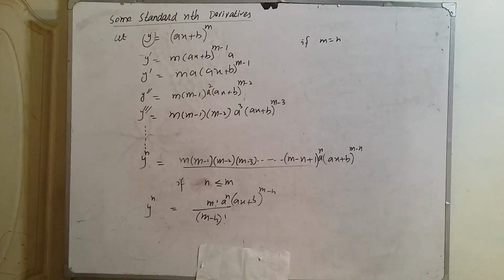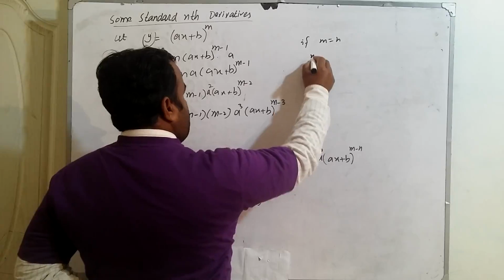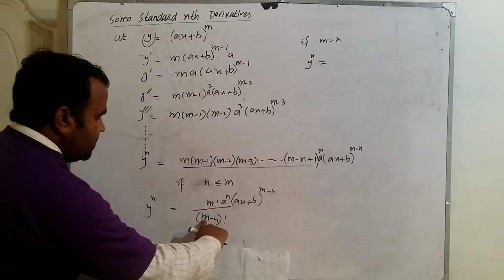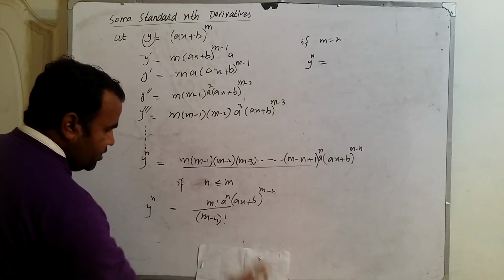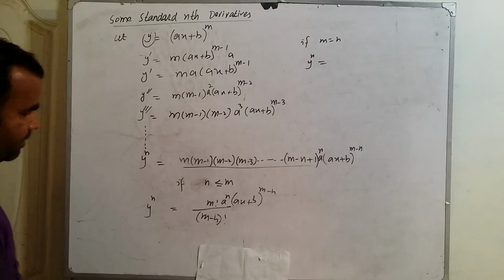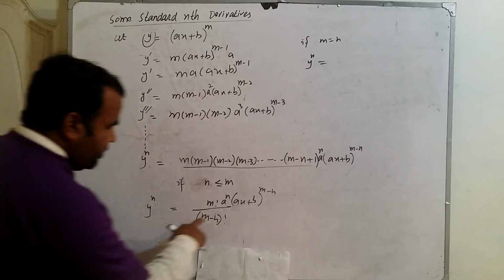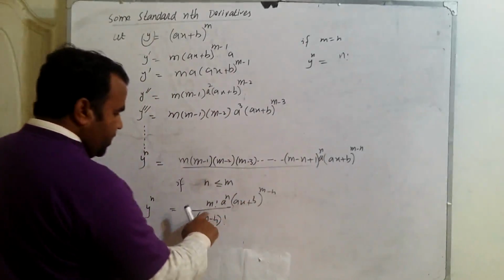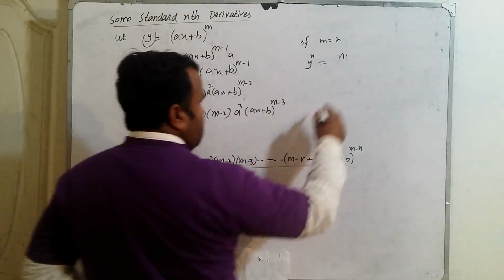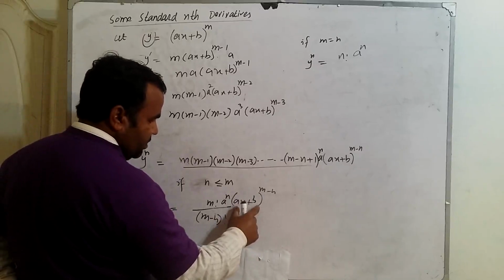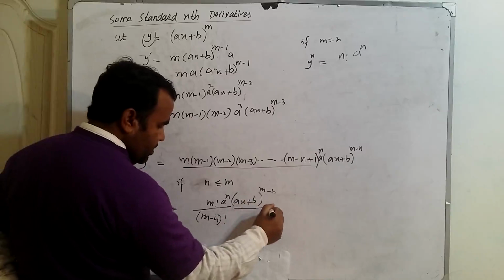In the case of m equal to n, our nth derivative yn will be: m minus n is 0, and 0 factorial is equal to 1, so it will be n factorial, times a raised to the power n, and (ax plus b) raised to the power m minus n, which is 0, is equal to 1.